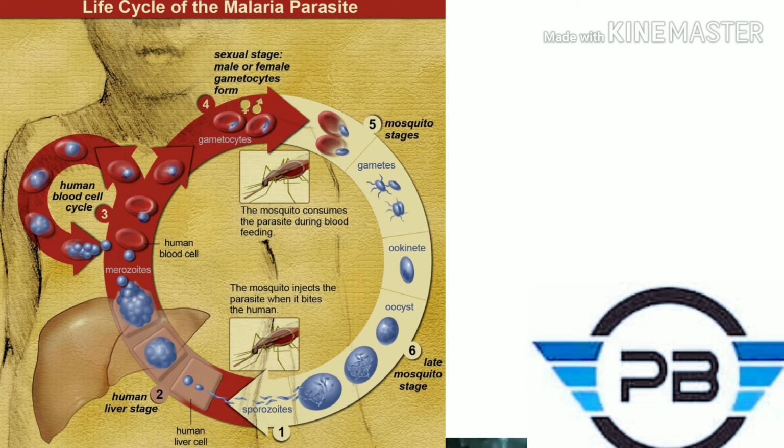As soon as they get released in the blood, asexual reproduction will continue to take place in the red blood cells. If you see here, this is how the asexual reproduction is taking place, inside each red blood cell.